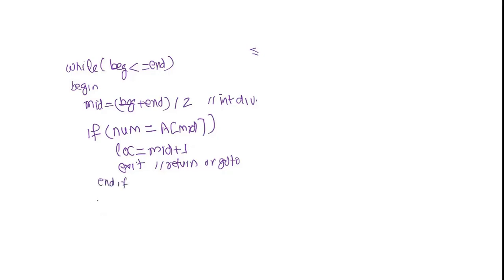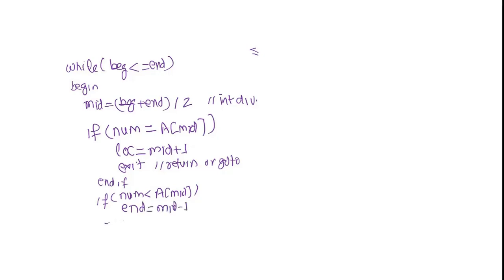Now we have to check if number is less than a of mid, then the number is lesser, so n will come to mid minus 1.